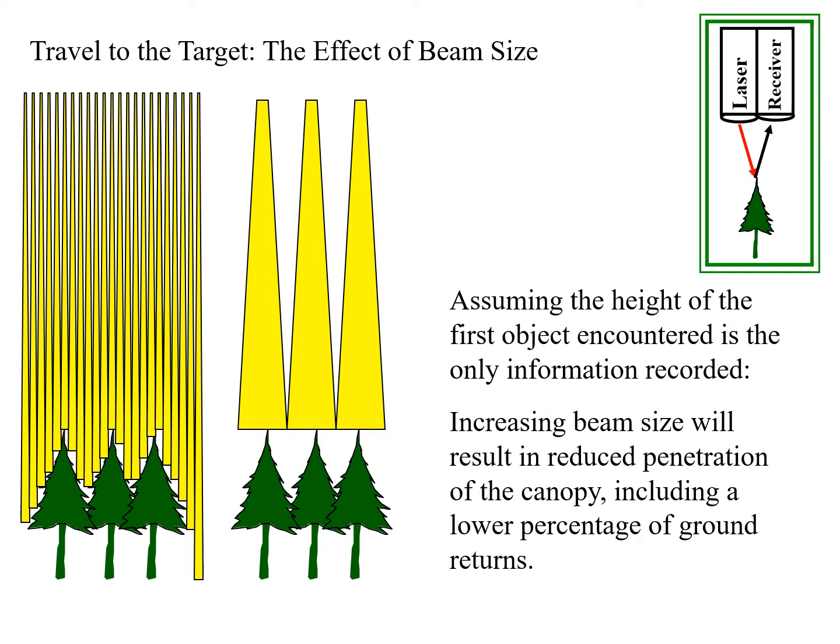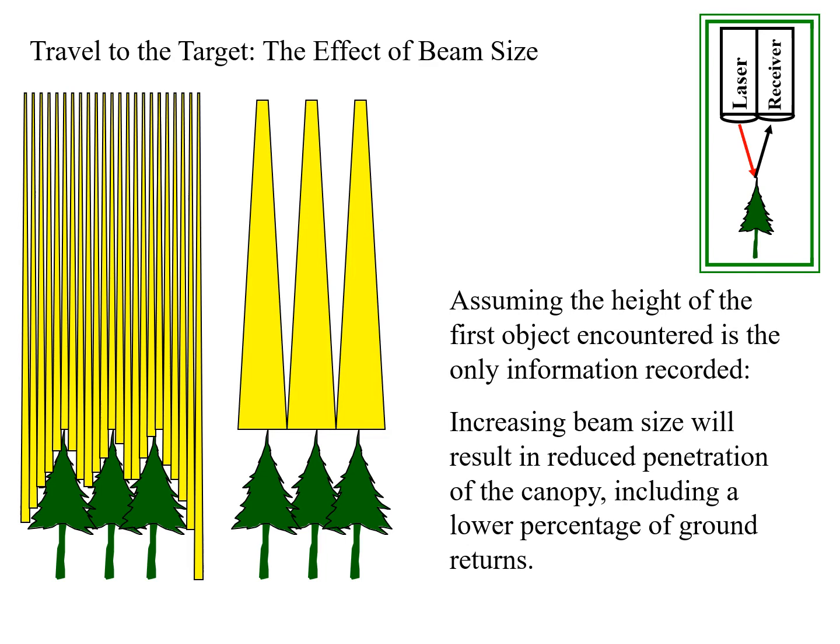So the problem you run into is, let's assume for the moment that the height of the first object encountered by the laser beam, the height or the range, you could think of it either way, is the only information recorded. As you increase beam size, it's going to reduce the penetration of the canopy, because if you can only measure one range, then whatever it hits first, all the energy that's going to be seen is from that first return.